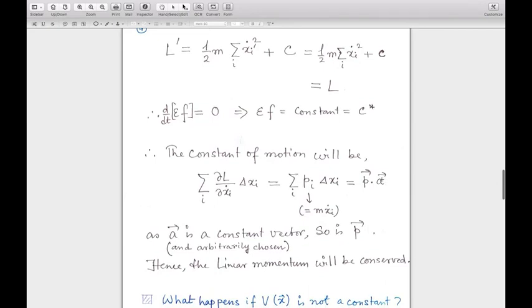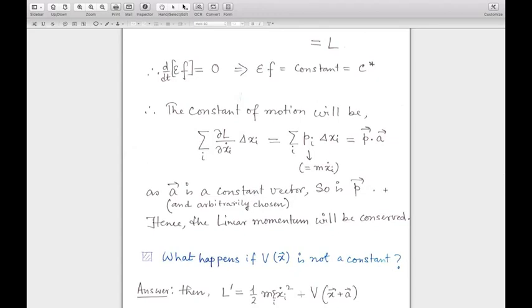Now a is a constant vector and arbitrarily chosen, so you can show that p dot a being constant simply says p is also constant, right? Many of you can be confused by saying that p dot a simply says that the angle between those two vectors is constant. But how to say that?